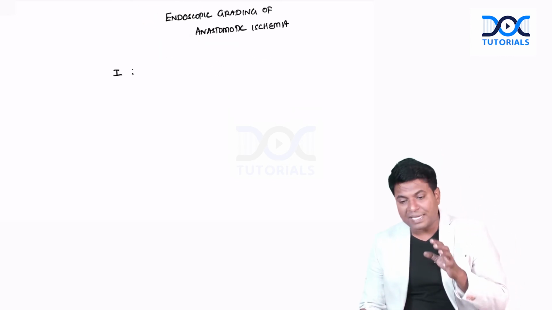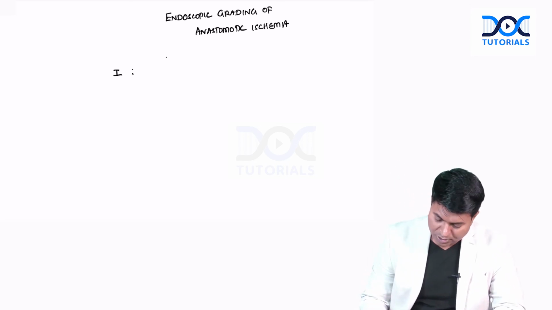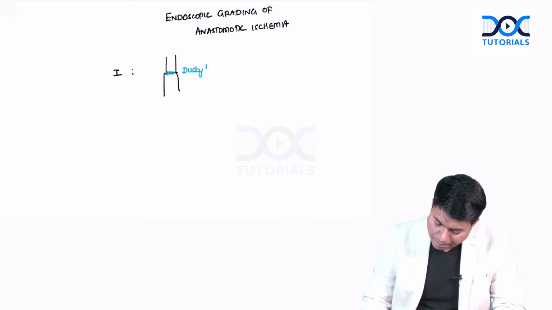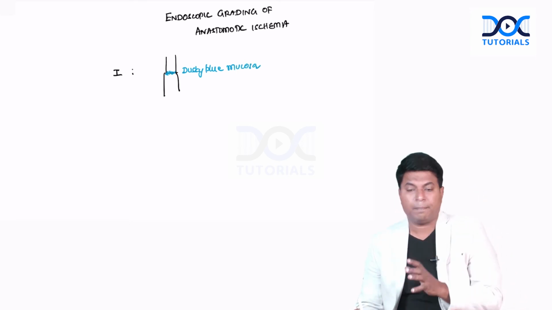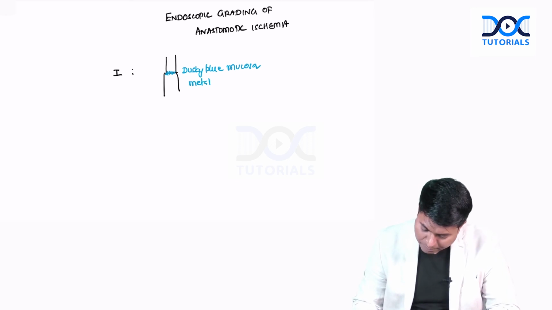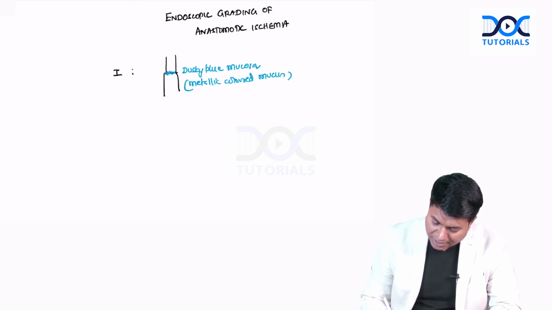It is nothing but dusky blue colored mucosa near the anastomosis. This is the anastomosis. There is a dusky blue colored mucosa, with a metallic colored mucus. Because of a minimal leak, a metallic colored mucus is seen. That is grade 1.